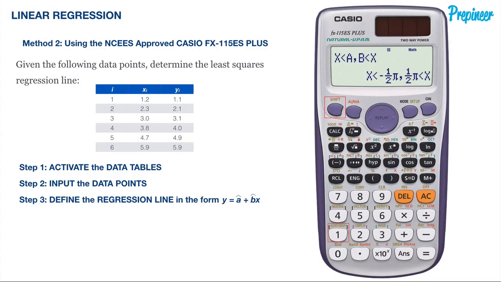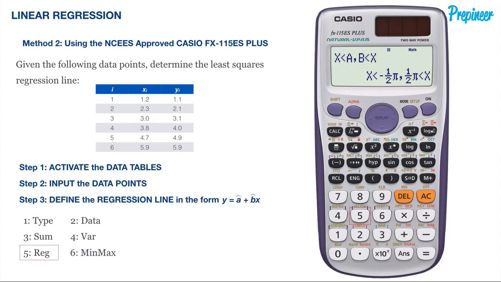We can now define the variables of the regression line. With all of our data points input into the calculator, it will now do all the dirty work for us. To do this, click the Shift button and then the 1 button to activate the stat distribution functionality, which is indicated right there in yellow. You'll be brought to a menu that looks similar to this right here.